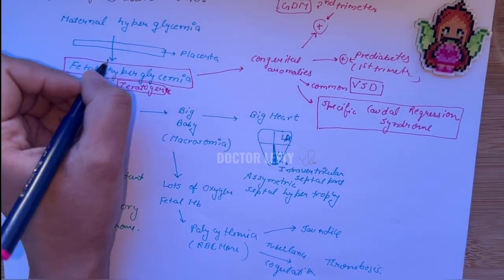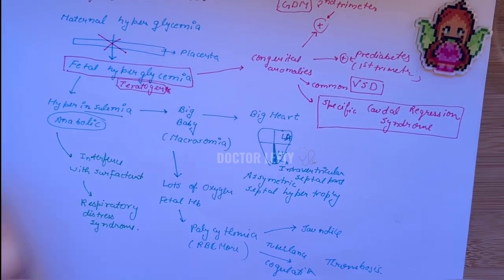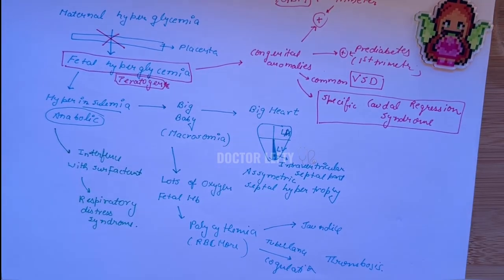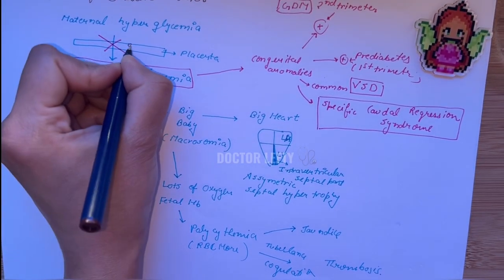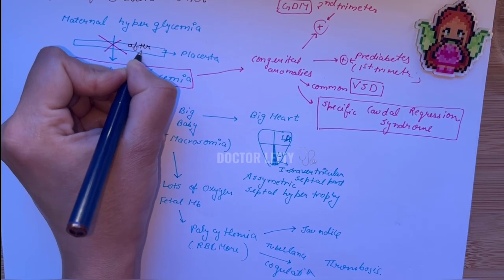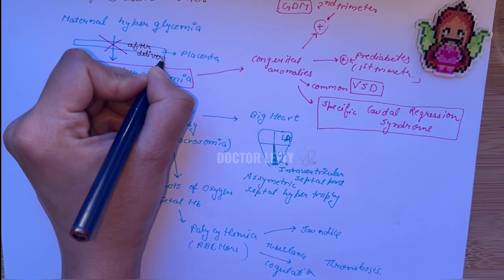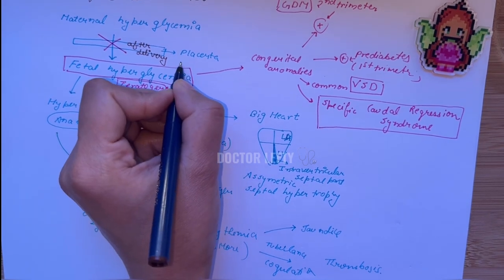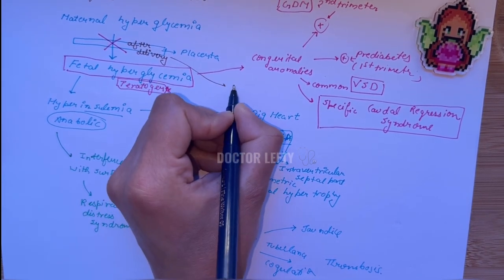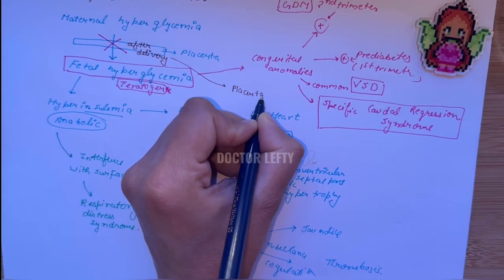Now after that, the baby is born, so the placenta will be cut off. In the baby after the delivery, the placenta will be cut off, so the supply of glucose that the baby is getting from the mother will be abruptly stopped.